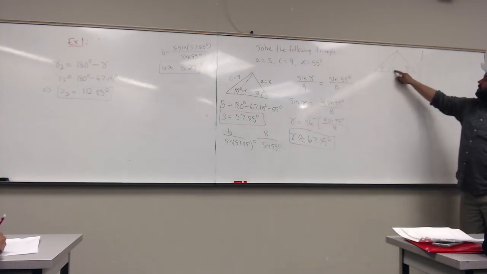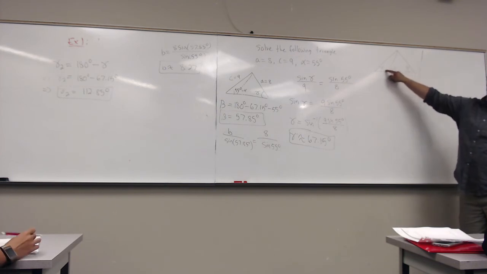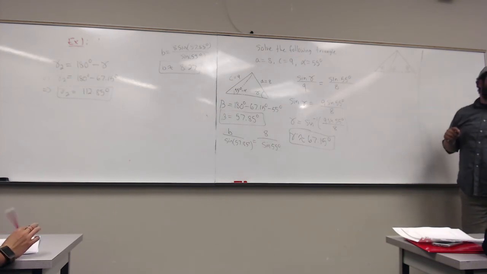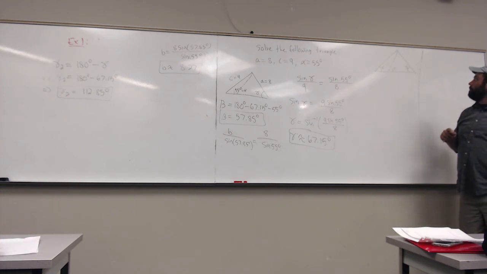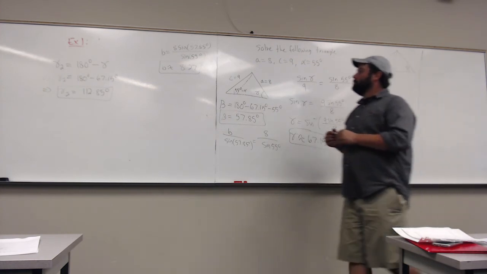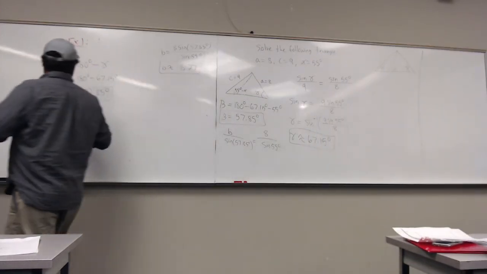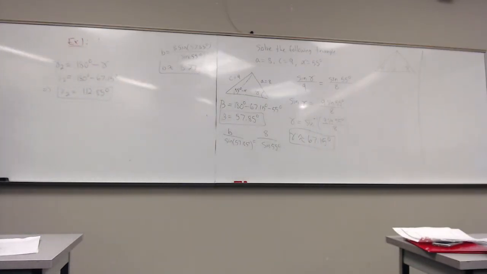But if that's gamma, this is a straight line, the other angle is 180 degrees minus this one. That's how I'm getting that other obtuse angle. Okay. So that's why I'm doing the 180 minus.